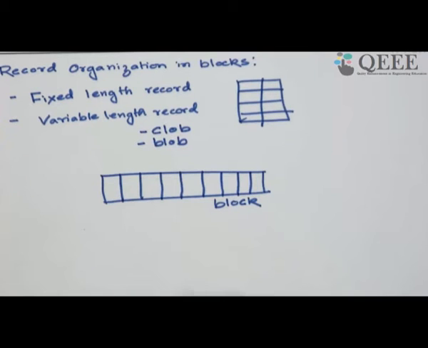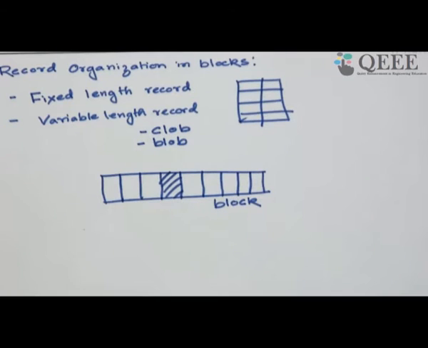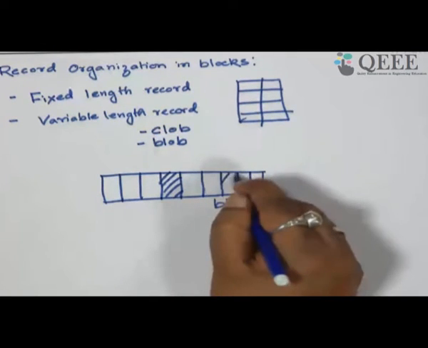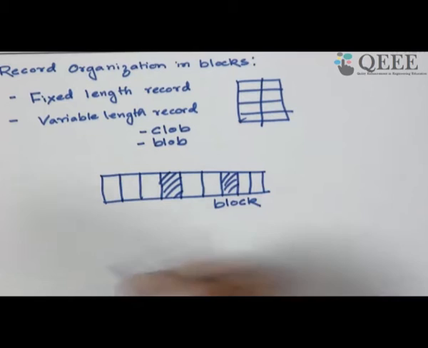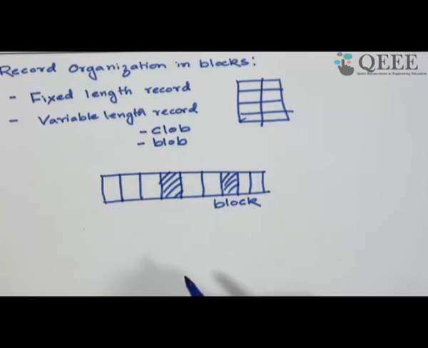But one problem with this approach is, suppose I have deleted a few records and want to add one more record. So where do I add? Do I say the block is full, or how do I know which position is empty? Okay. So what is done in this case is the following.